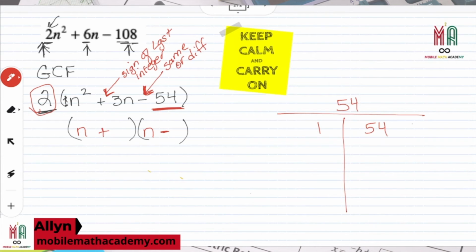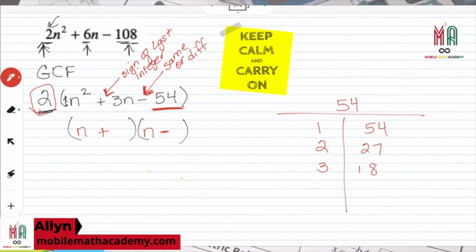I have 2 and 27. I have 3 and 18. I have 4 and nothing. I have 5.